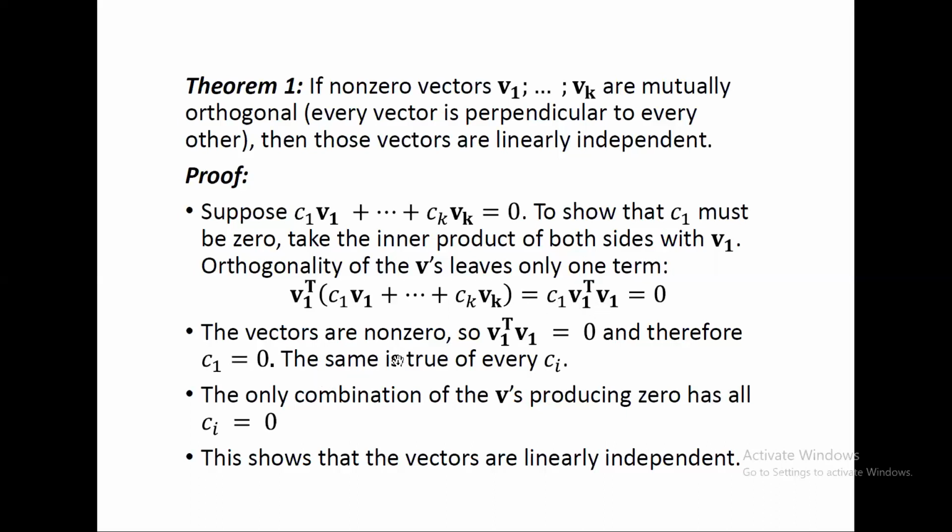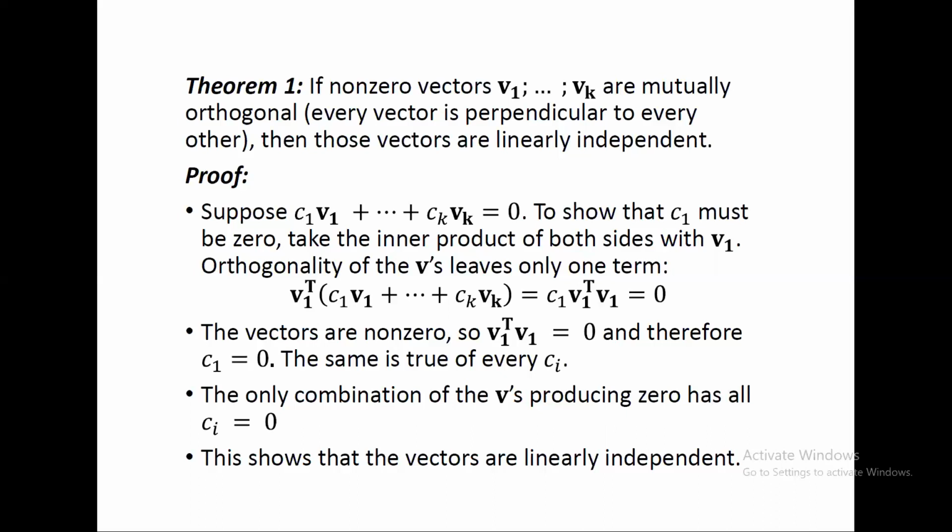The same is true for every ci. You can again take the dot product of v2 with this and try the same. Then you'll get c2 v2^T v2 equal to 0.